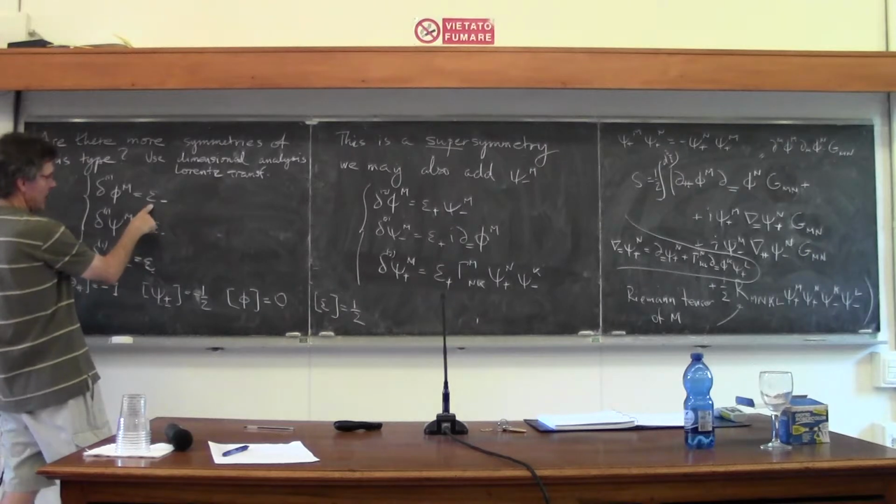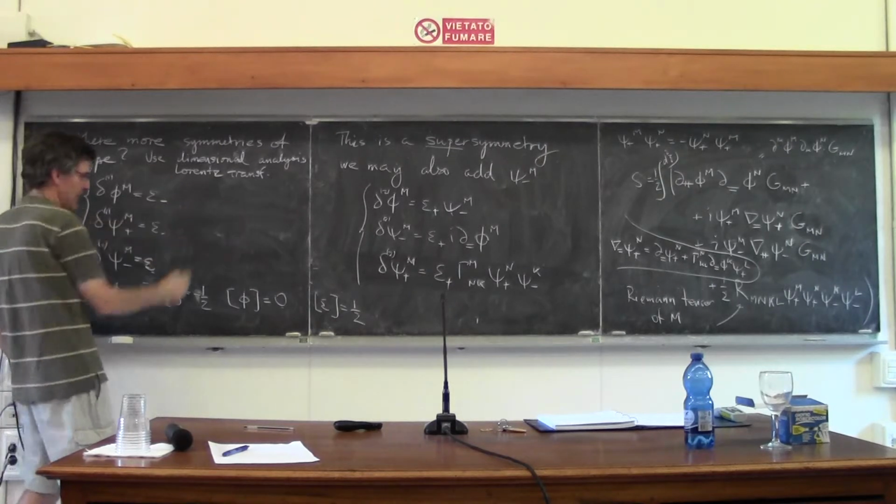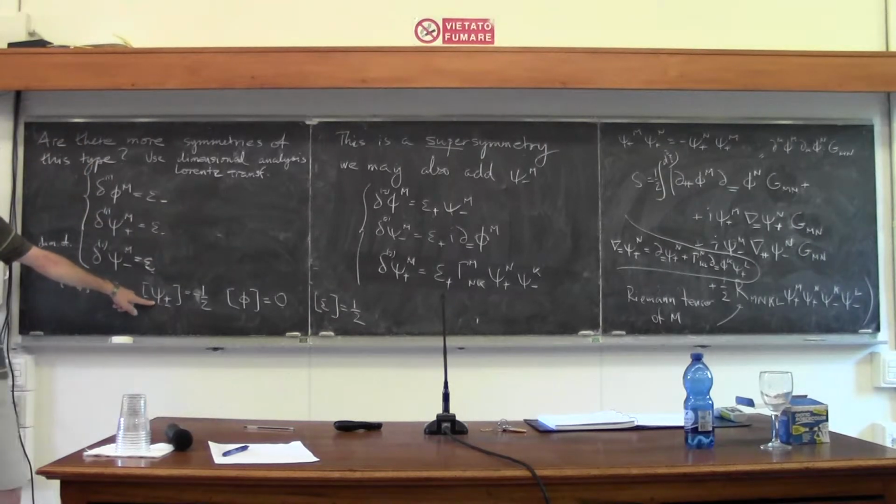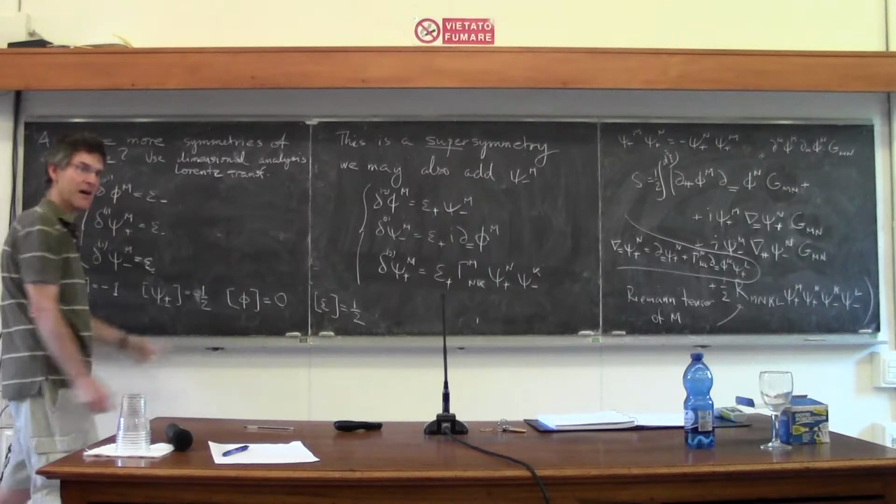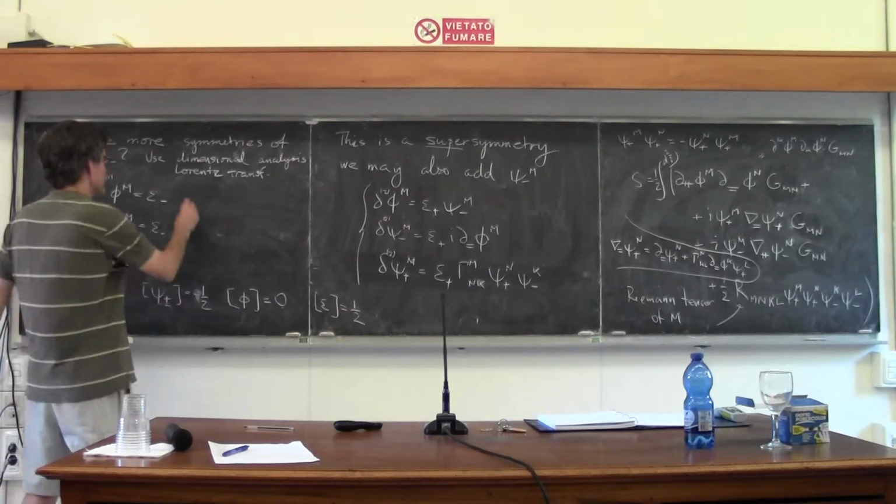This has dimension 1/2, which means the rest has to have dimension -1/2. So we can have only 1 epsilon. We can't raise dimensions, we just lower dimensions here. If we add a derivative, we have already gone too far, so we can only have 1 fermion. But we can have as many bosons as we like.